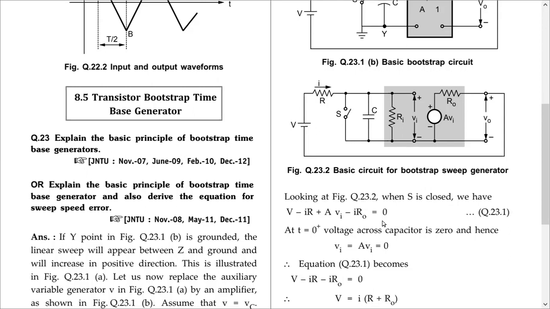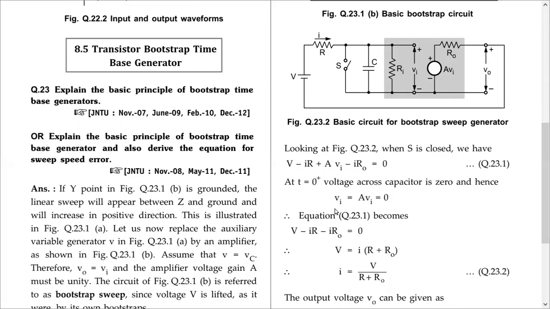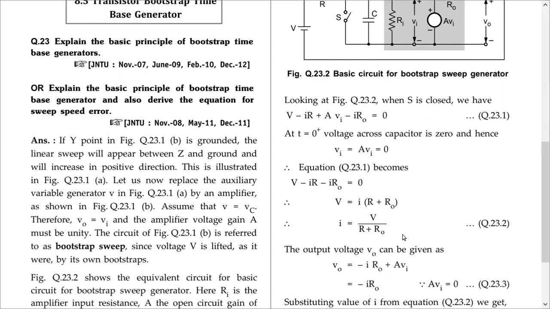So when VI is 0, obviously A into VI is also 0, right? So from this, the I that we get will be simply V by R plus R naught. When we just close the switch, the relation we get is I is equal to V by R plus R naught.